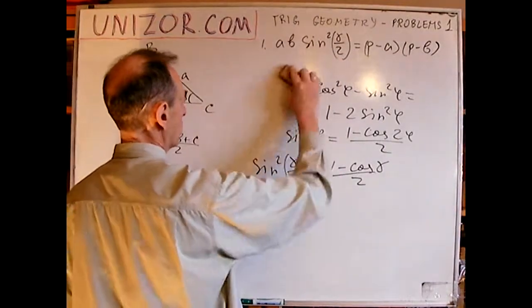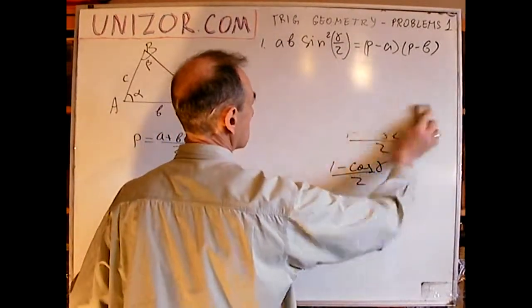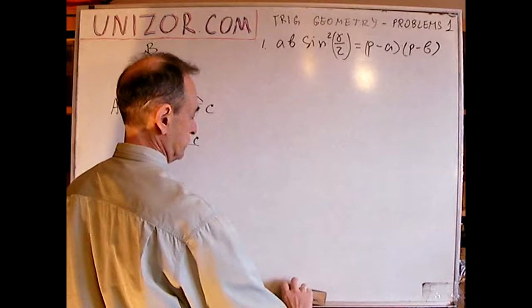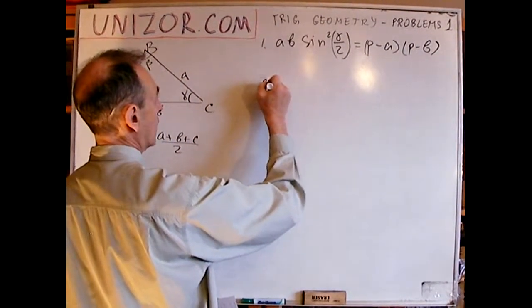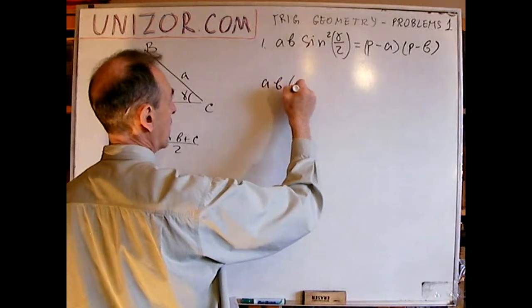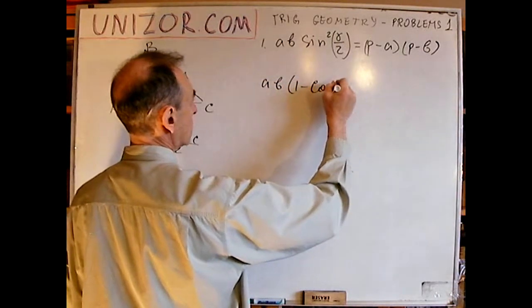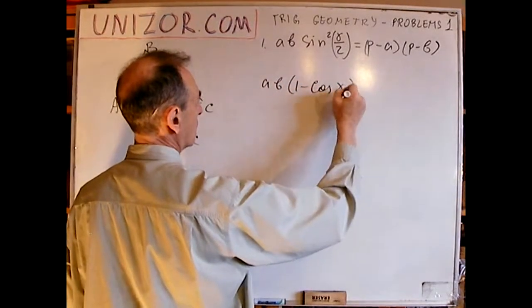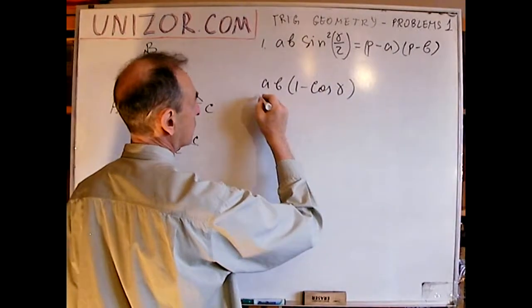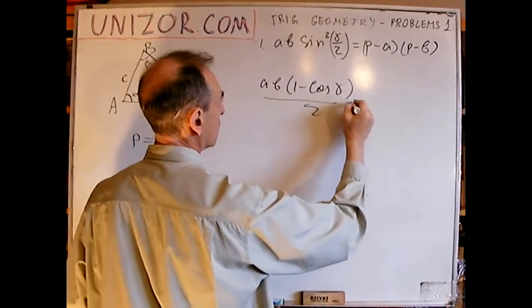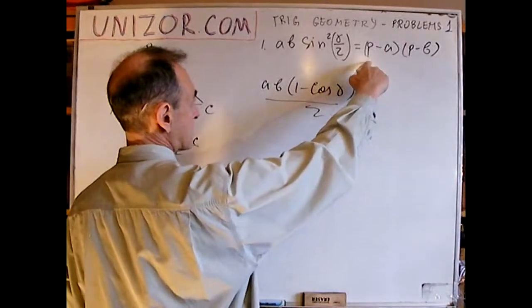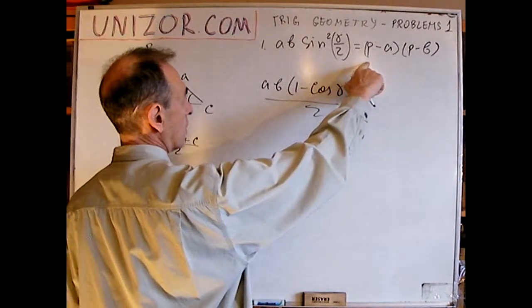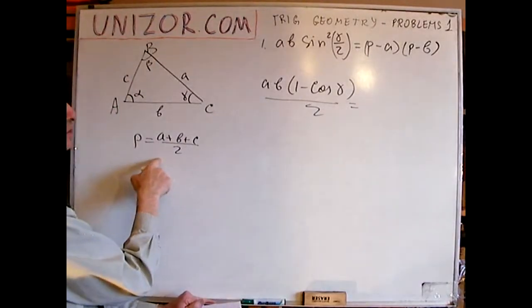So what happens is AB times (1 minus cosine gamma) over 2 equals. Now, I will express the half of the perimeter with whatever the definition actually is.